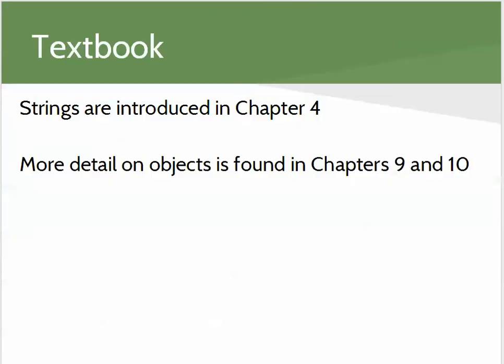So in the textbook, strings are introduced actually very early on. We skip them, but we're going to go back to chapter 4 now, and I would encourage you to read that chapter carefully. I'd also encourage you to look at more details on objects in chapters 9 and 10.